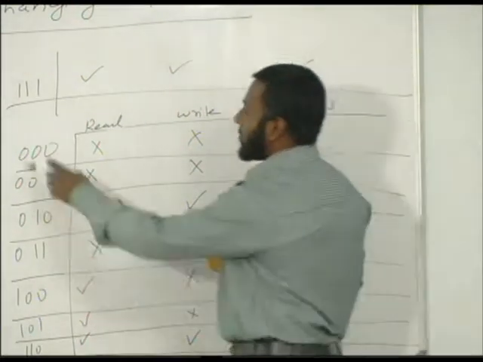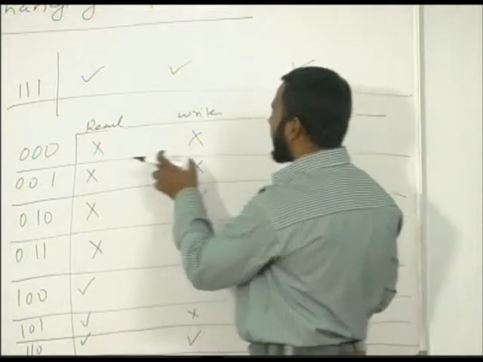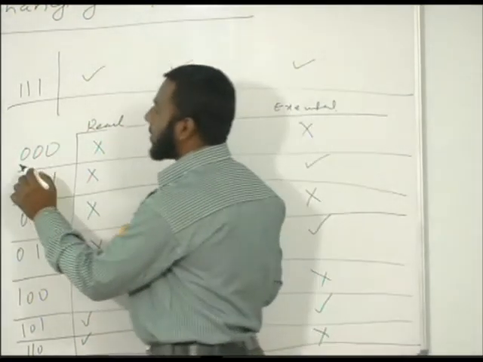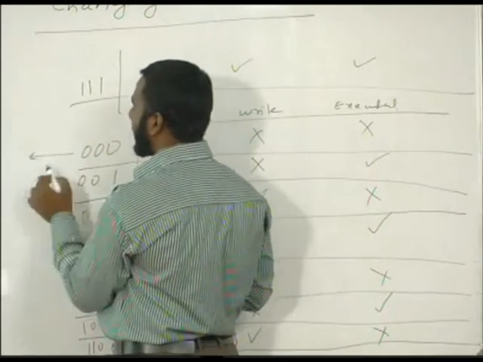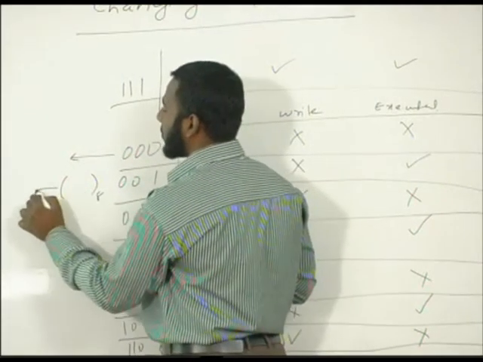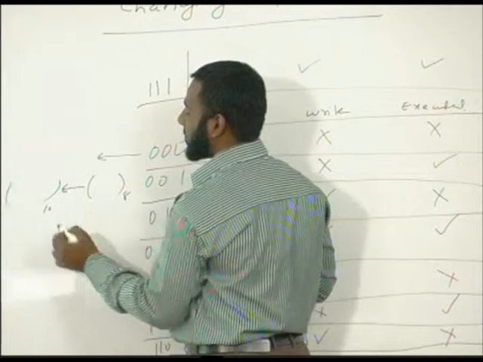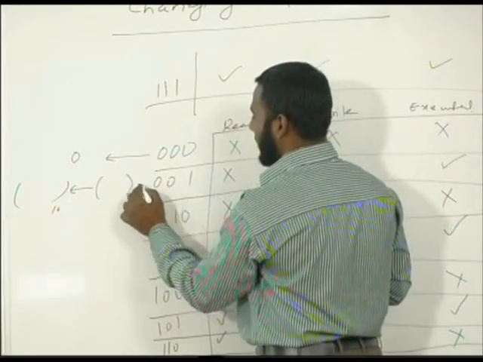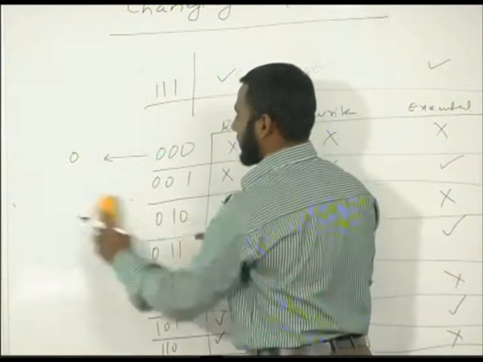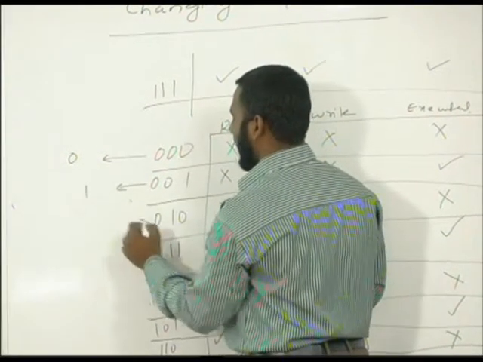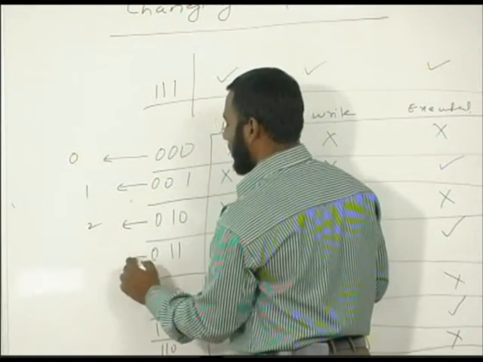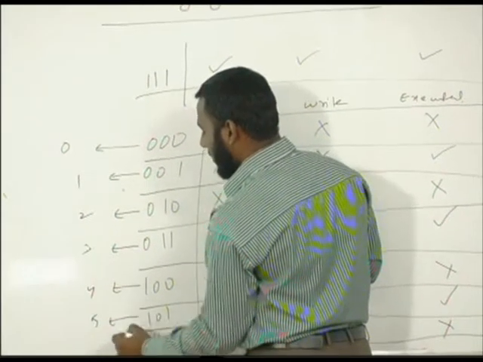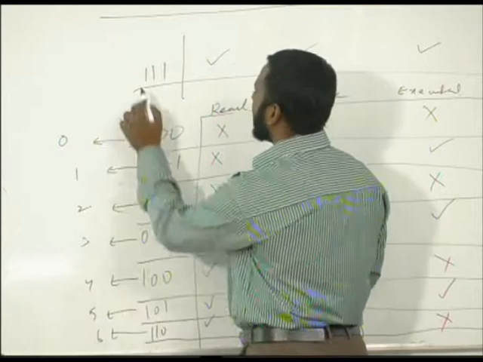Now these are the binary numbers I have represented, and the meaning of every number. If we change them into decimal numbers, base 10, this will become 0, this is 1, this becomes 2, this 3, this 4, this 5, this 6, and this 7.